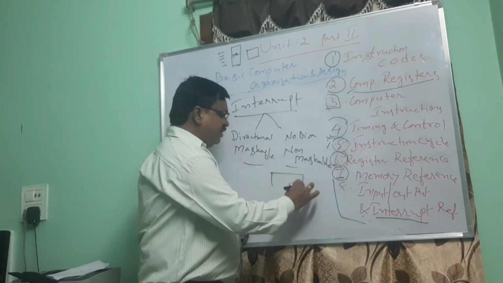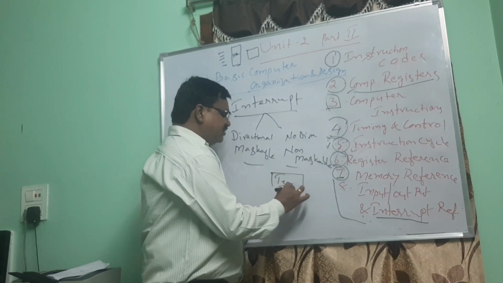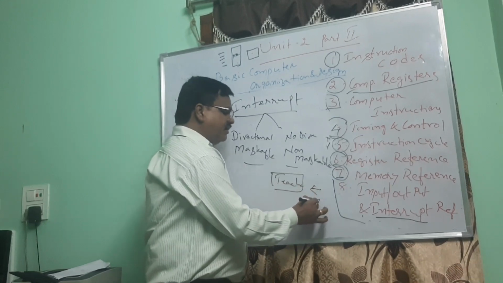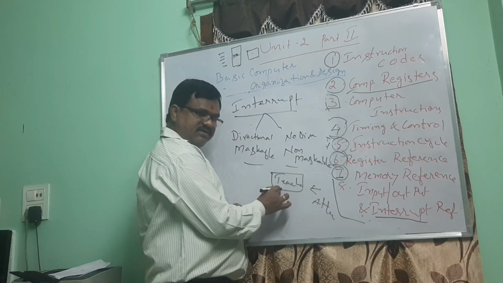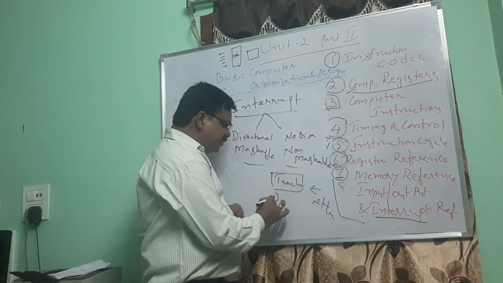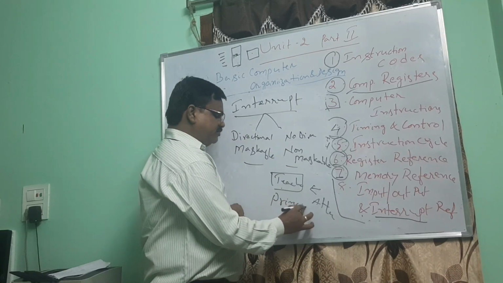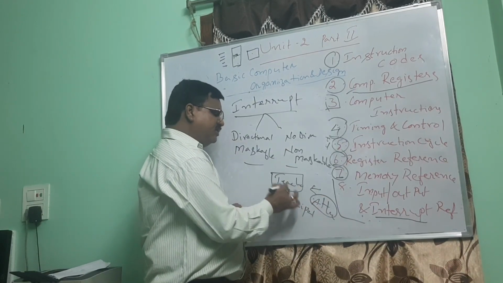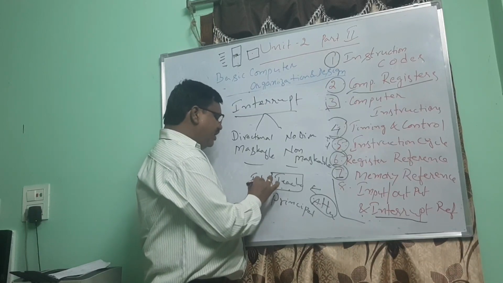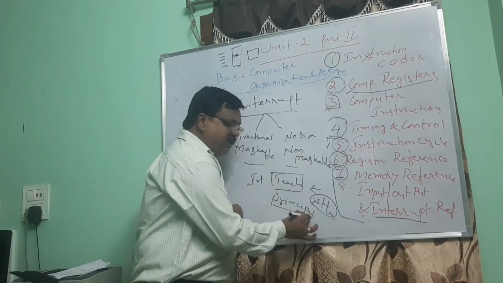Again, if you take the same example, the teacher is teaching, when an attender comes and disturbs the teacher's teaching and says, principal is calling. So he disturbed him, meaning he interrupted him and told him that the principal is calling.